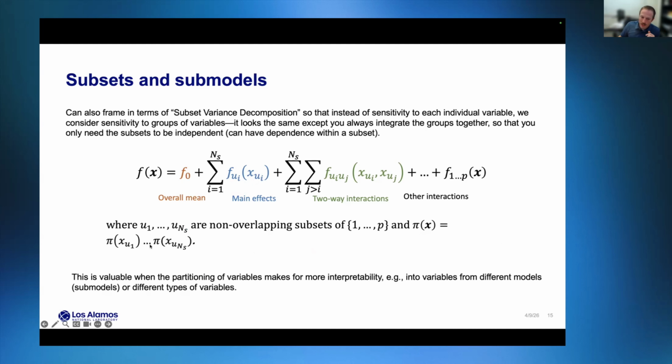Although in this case, we can have dependence within a subset of variables. So that's another place where it's powerful. If I have submodels that have dependent inputs within, but independent variables across, I can still use this subset version of the Sobol sensitivity. Okay, so that's another useful thing to have in your back pocket as a sensitivity practitioner.